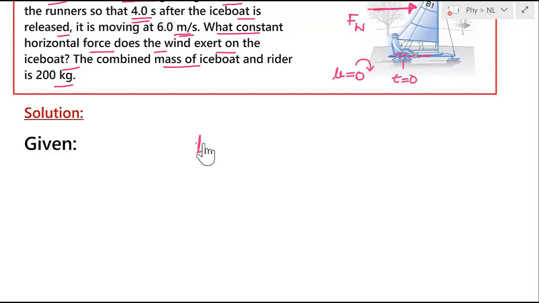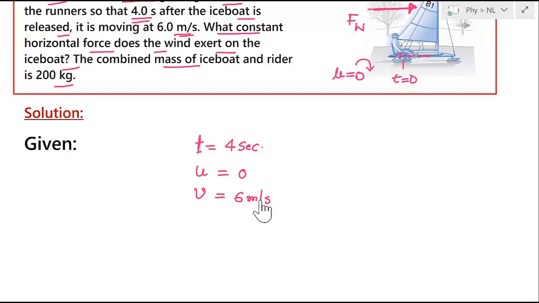It is given that after t equals 4 seconds, it has gained a speed. The initial speed is 0, sometimes we write it with u. So u is equal to 0, that is the initial speed. And the final speed after 4 seconds is also given, that is 6 meters per second.